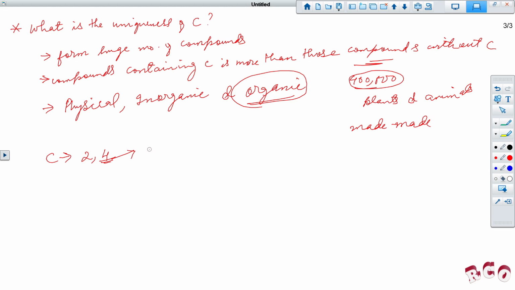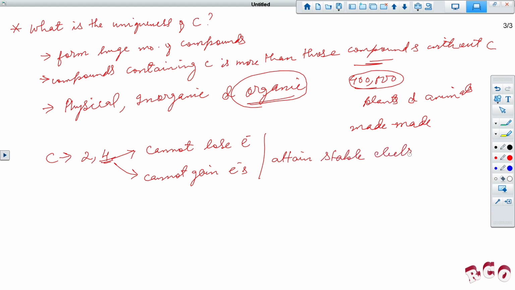These 4 electrons: it cannot lose electrons, and it cannot also gain electrons to attain the stable electronic configuration of the nearest noble gas. So why can it not lose and why can it not gain electrons?